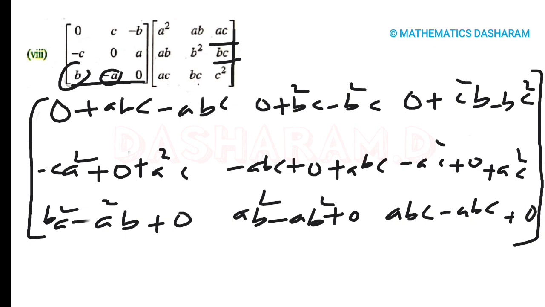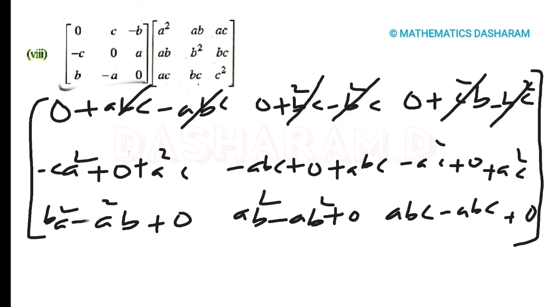Okay, so now let's simplify. abc and minus abc cancel. Next here, b square c minus b square c cancel, c square b minus bc square cancel, minus a square b plus a square b, minus abc plus abc.